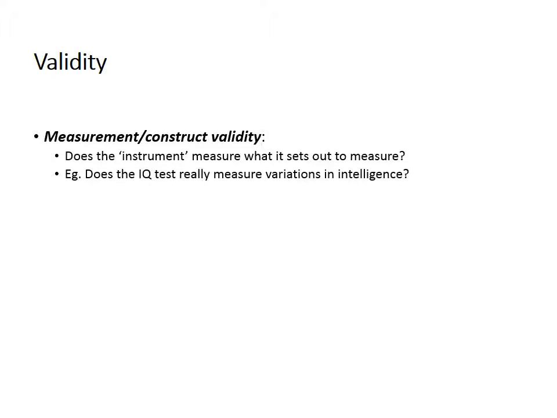If we think about validity, does the research instrument measure what it sets out to measure? i.e., is it collecting the data necessary to answer your research question? Does an IQ test really measure variations in intelligence, for example?